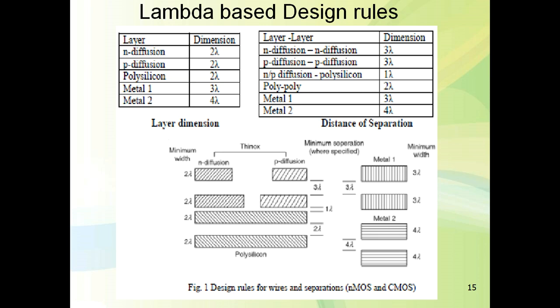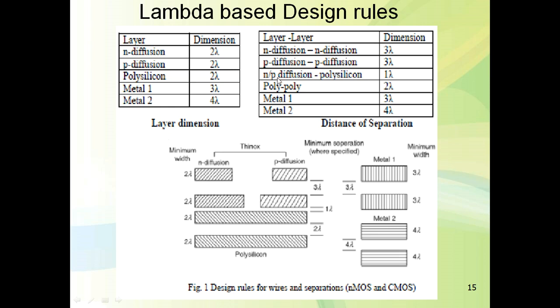So what is the minimum separation between two layers? You can see here, the separation between N diffusion and N diffusion is 3 lambda. Distance between P diffusion and P diffusion is 3 lambda.